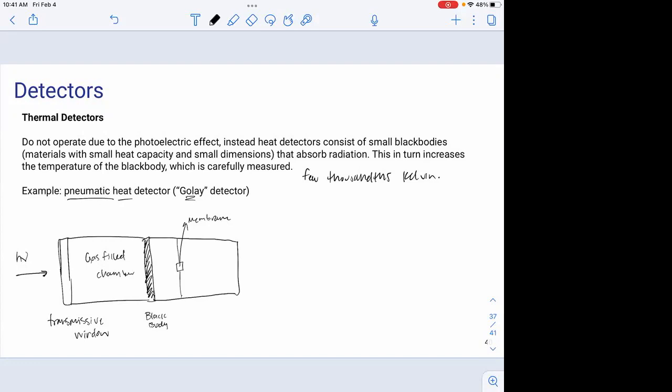Okay, so as this black body heats up, the pressure in this first chamber increases and it presses this membrane into a deformed shape back into the second detector.